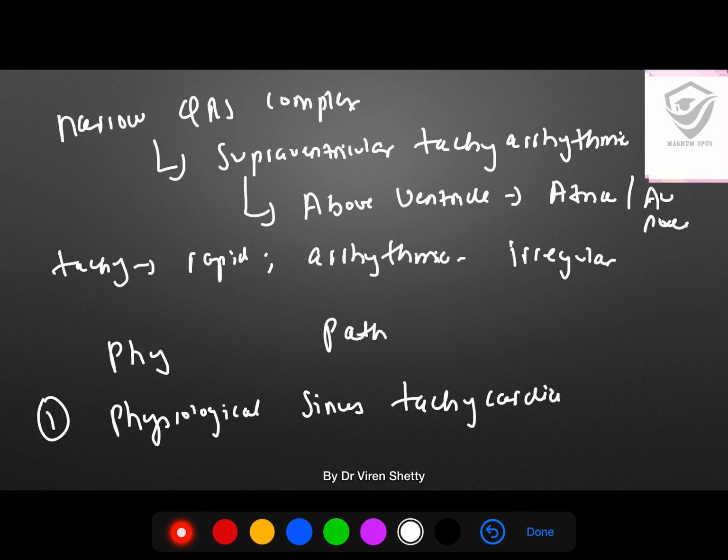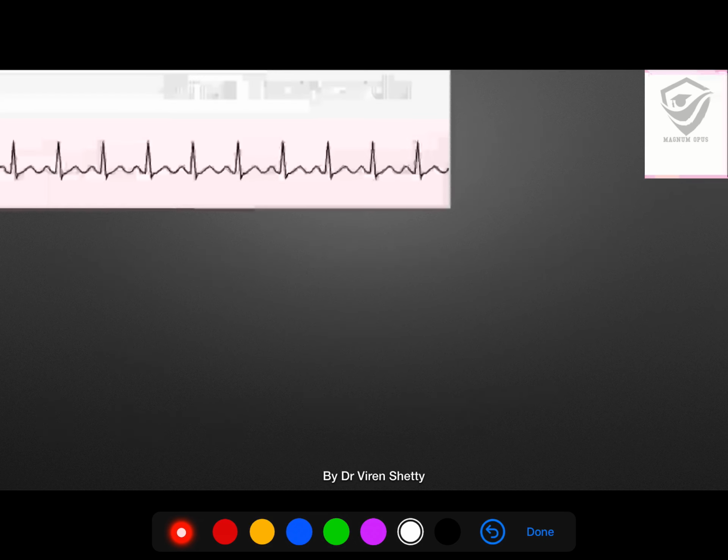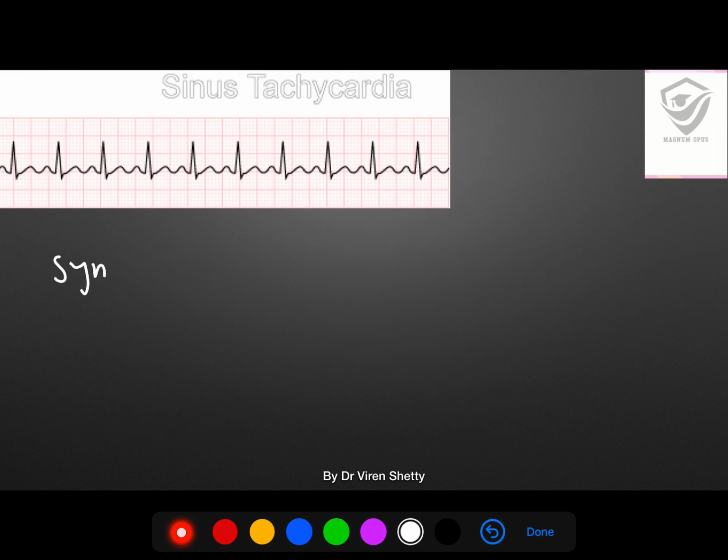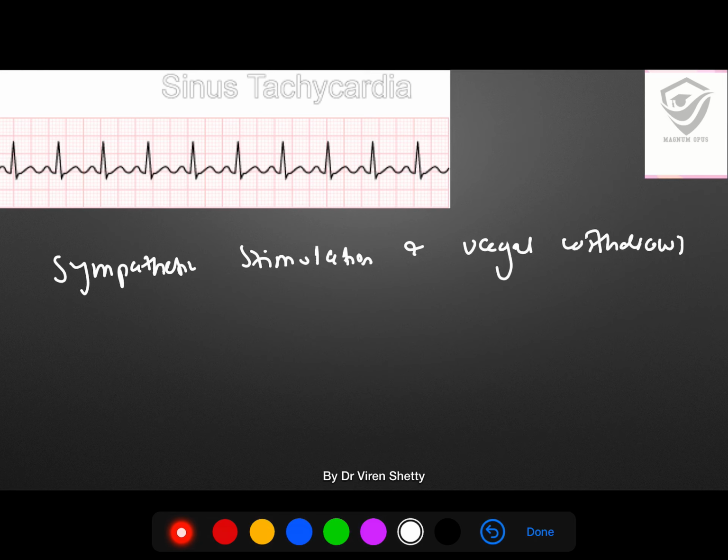This usually occurs because of sympathetic stimulation and a vagal withdrawal, which is seen during exercise, illness or stress.